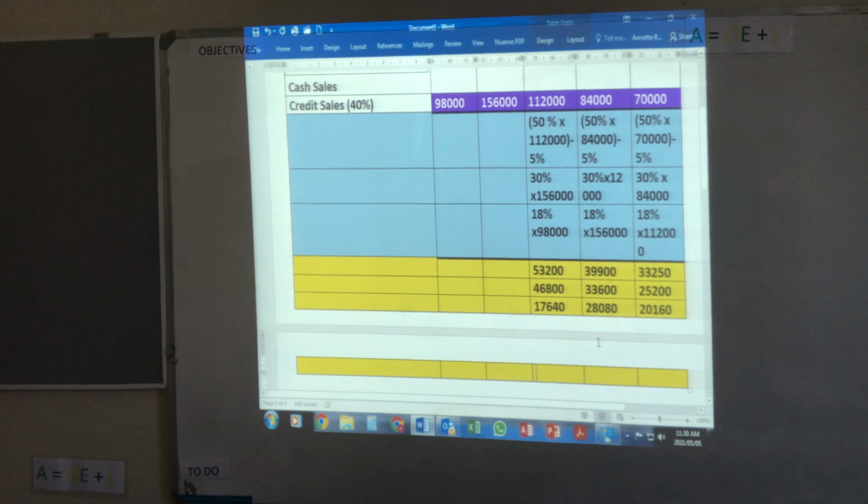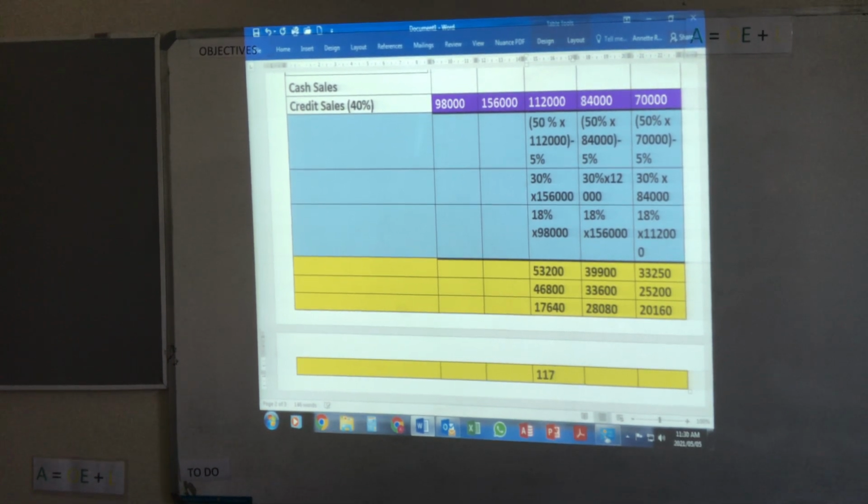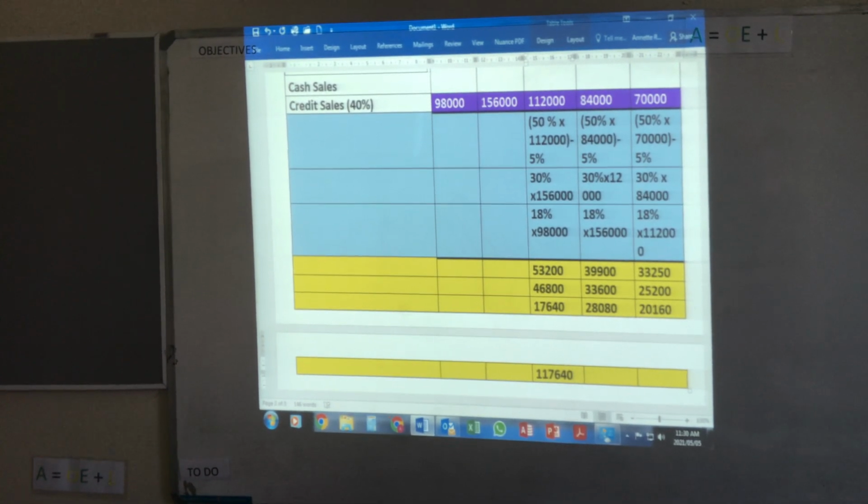The answer is what we expect to get. 53,200 plus the 46,800 plus the 17,640 gives me 117,640. That is the amount we are expecting to receive in cash from our debtors. So when we do our cash budget, this is the debtors' cash amount coming in in January. Because remember, we're going to do the cash budget later, so we need this amount from the debtors.